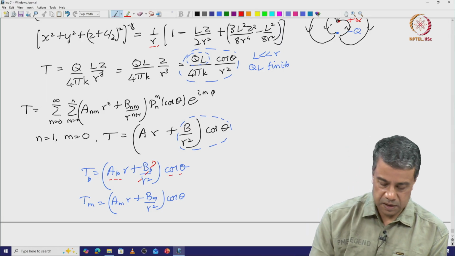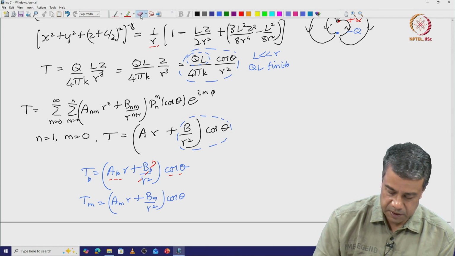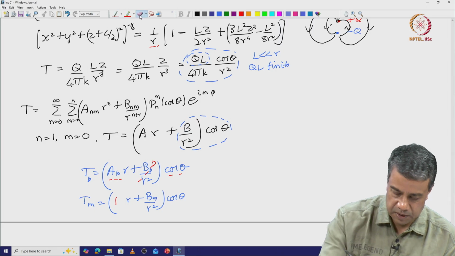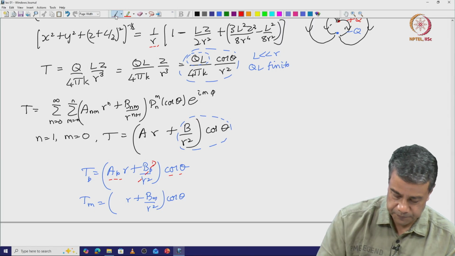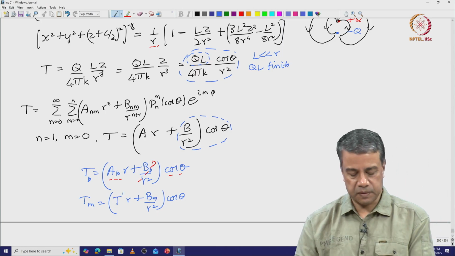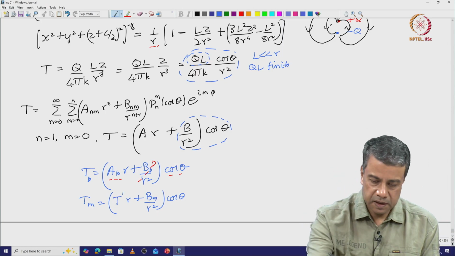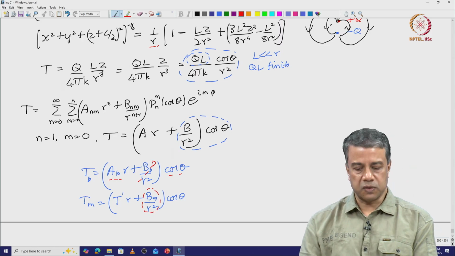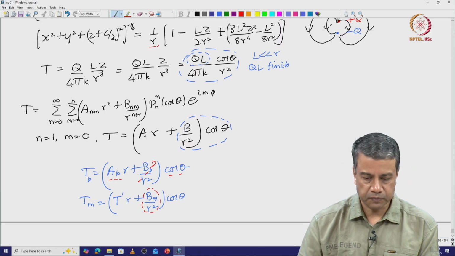In the matrix, this first term was the imposed temperature far from the particle. This second term here is the correction to the imposed temperature due to the presence of the particle.